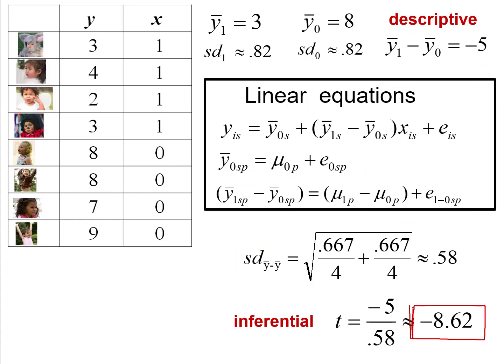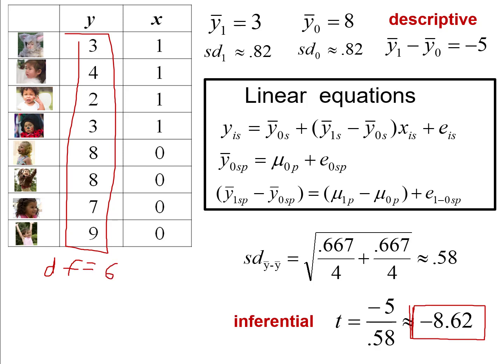In other words, if the null hypothesis were true, then this study made more than 8 times the typical amount of error. So I've given you another example where we've made a substantial amount of error. And if we wanted to, we could then look up the probability of this. And if we did this, we'd need to know degrees of freedom. So we have a total of 8 people, and our degrees of freedom would be n minus 2, so our degrees of freedom would be 6.